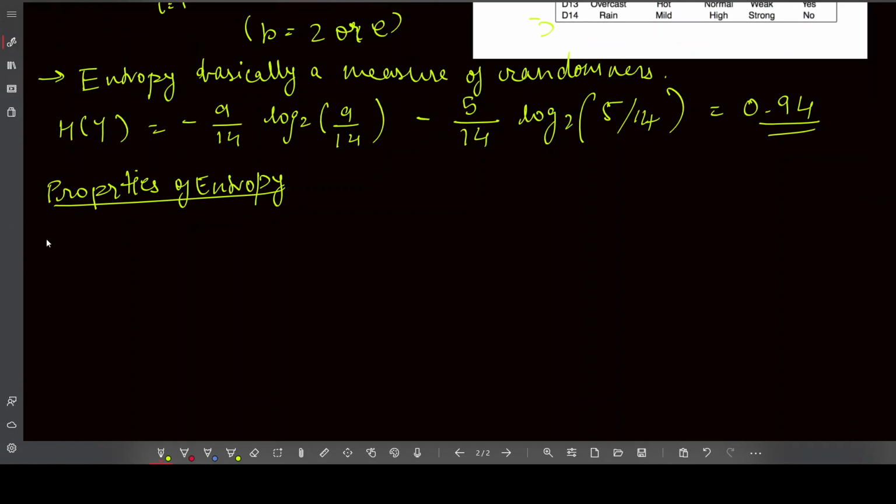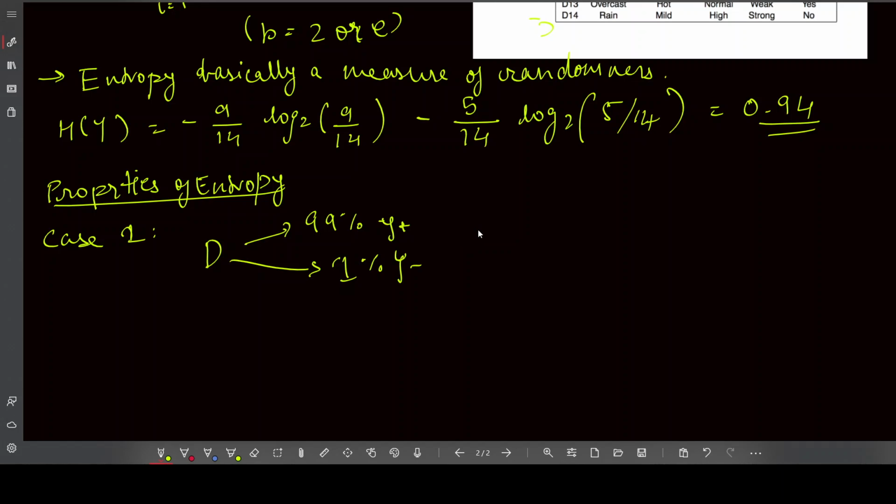So I'll do a case by case study. Case 1: let's say my data set has 99% positive variables, y plus, and 1% negative variables, y minus.